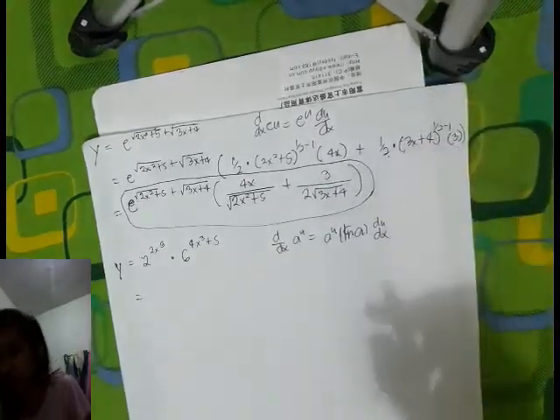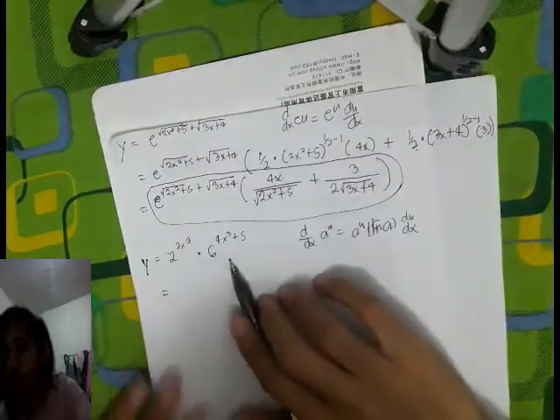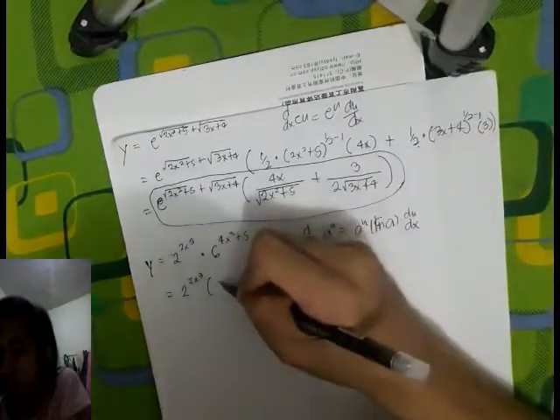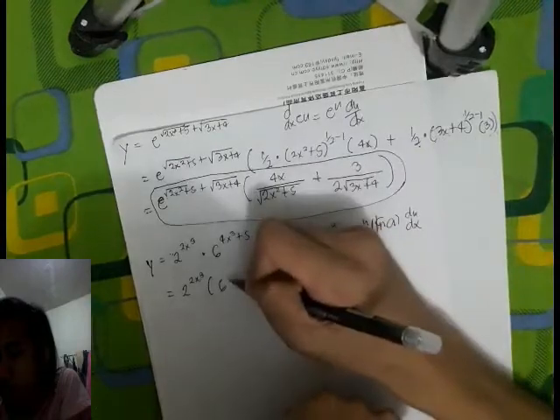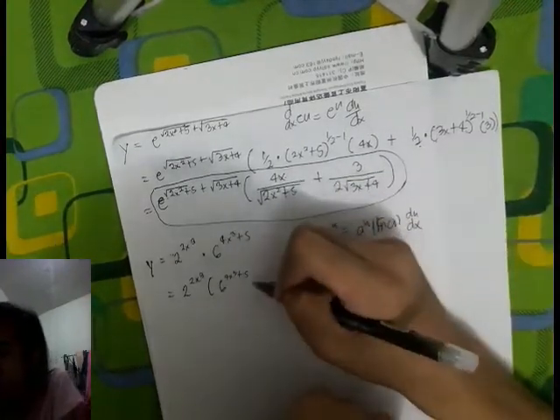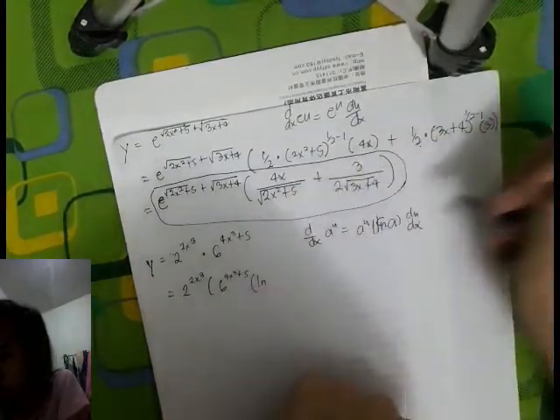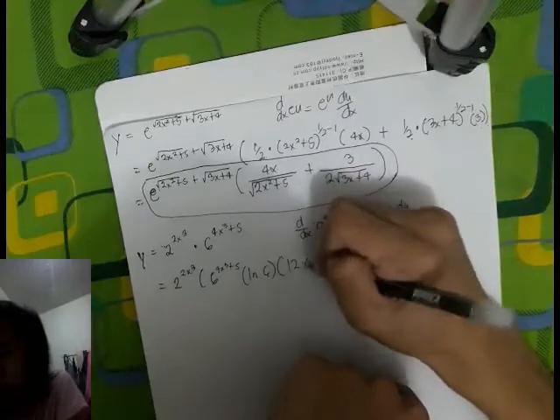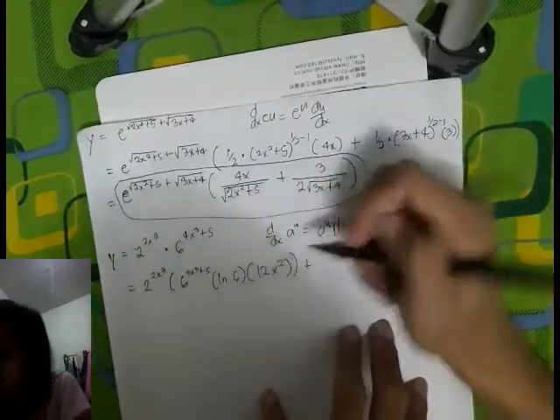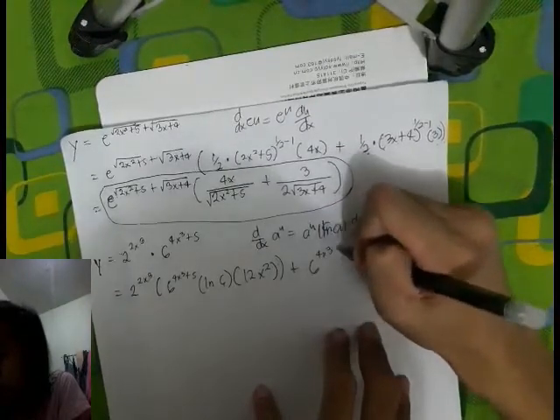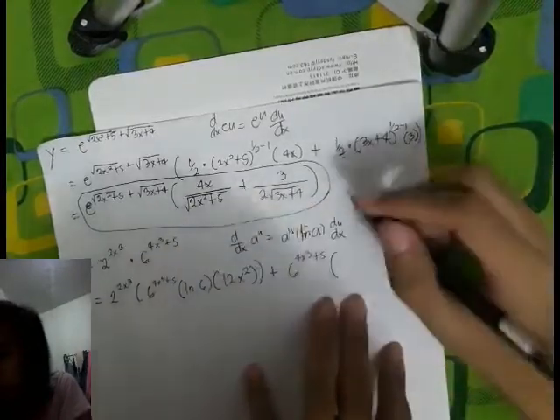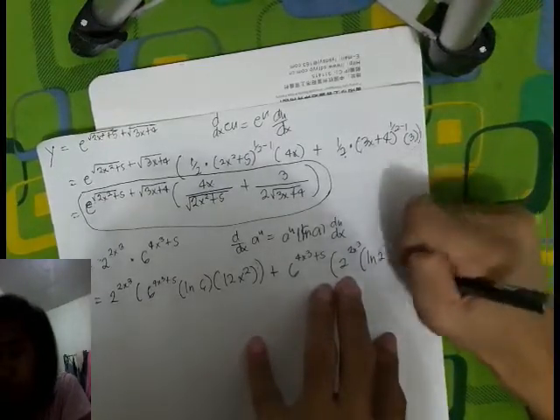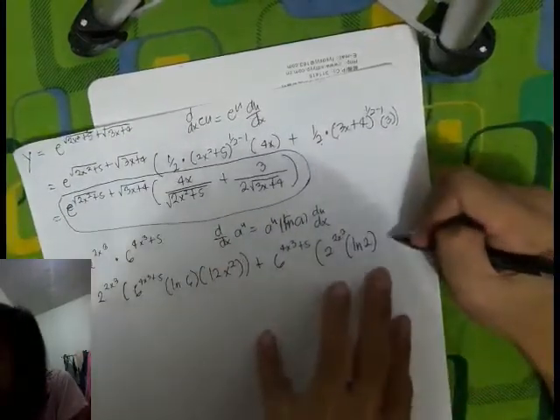Now here we have the product rule: f of x, which is 2 to the power of 2x cubed, times the derivative of 6 to the power of 4x cubed plus 5, which is 6 to the power of 4x cubed plus 5 times ln 6 times the derivative of u, which is 12x squared, plus 6 to the power of 4x cubed plus 5 times the derivative of f of x, which is 2 to the power of 2x cubed times ln 2 times the derivative of u, which is 6x squared.